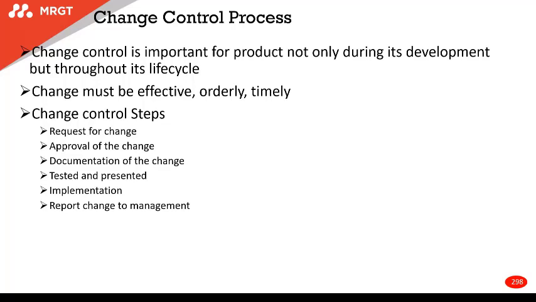You have to request the change first. Once the change has been approved, you have to document it. Once it has been properly documented and presented to the intended audience, it should be tested, then implemented, rolled out, and then you can report that the change has been made successfully inside the environment.